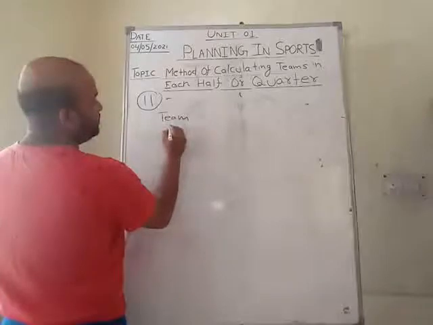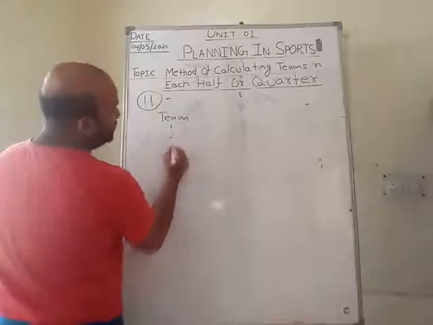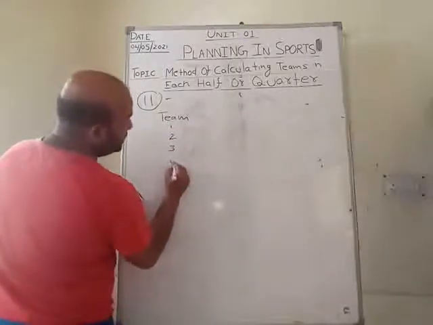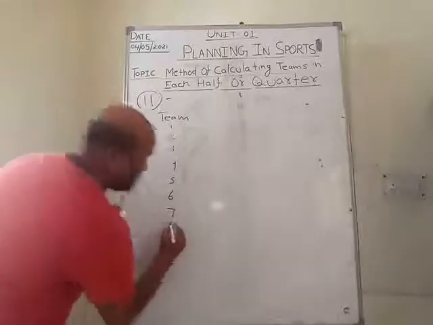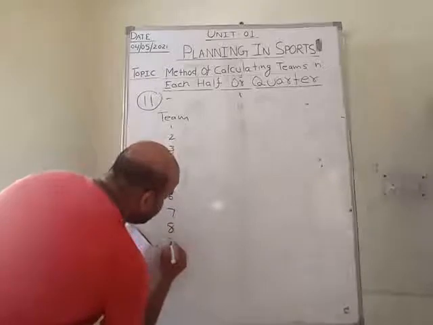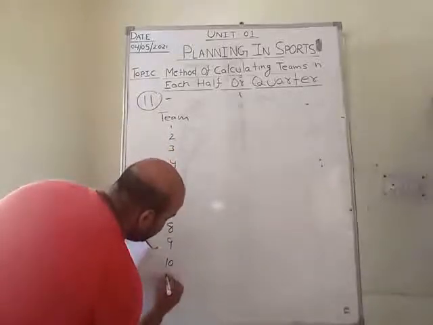So write down first the teams: team 1, team 2, team 3, 4, 5, 6, 7, 8, 9, 10, 11.